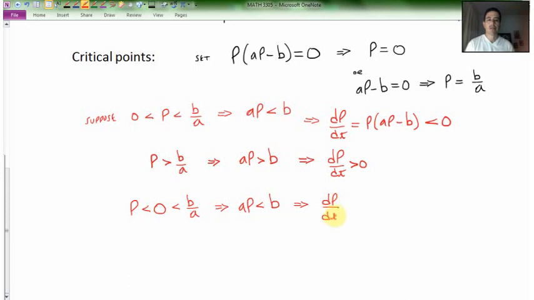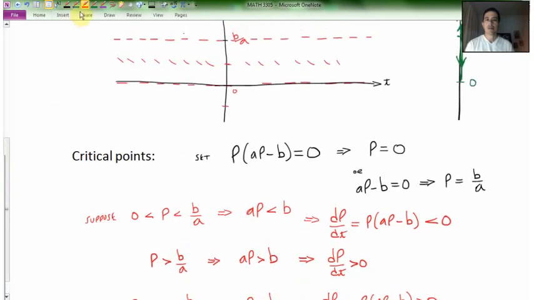Let's take a look. AP minus B. P is negative, and AP minus B is also negative, because AP is less than B. So here we have negative times negative, which becomes positive. So in the phase portrait, it will show the arrow going up. If you want to look at the direction field, then the slopes are like this.